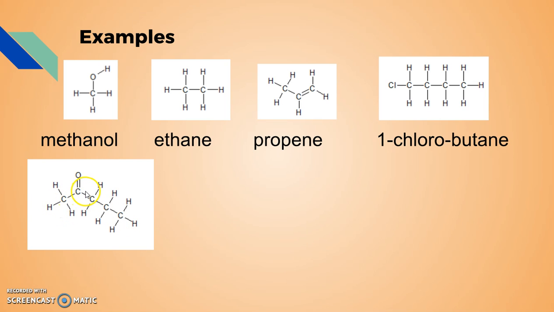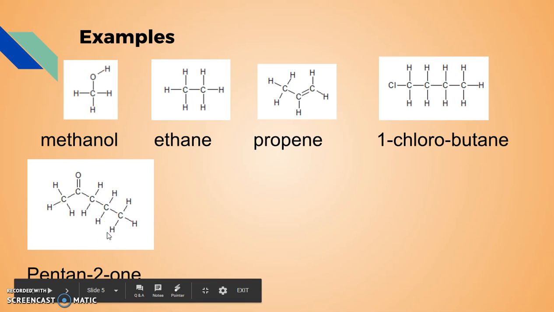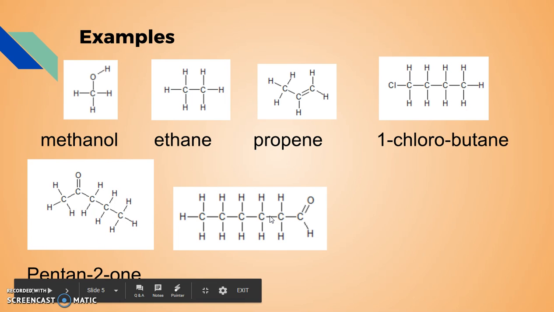Can you see if I number it from this side, then the ketone or the double bond O will be on the second carbon. So I know this compound will end with the name 2-one. And then the prefix to that, how many carbons are in the main chain? 1, 2, 3, 4, 5. So this will be pentan-2-one. The next example, let's see if you can figure out this name on your own.